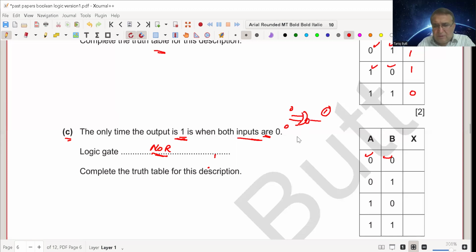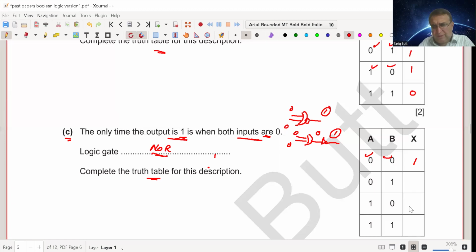Because here you have to OR first and then you have to invert it. So when both inputs are zeros, 0 OR with 0 is 0, output of this OR gate, and then you invert it, so output is true. So this is asked, that output is true only when both of its inputs are zeros. So you can now complete its truth table. Output is true when both of its inputs are zeros.